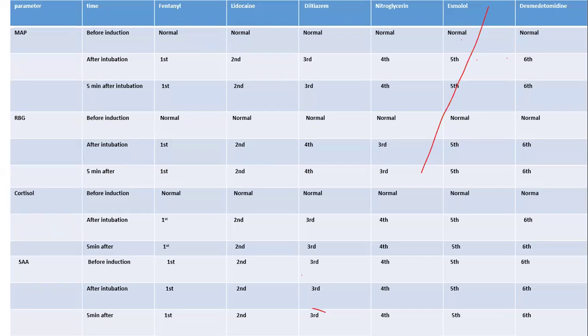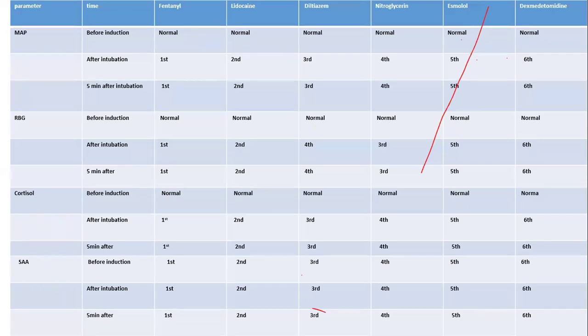The parameters that were used were the mean arterial pressure, the random blood glucose, cortisol, and the serum amylase levels. The times were before induction, after induction, and 5 minutes after intubation.